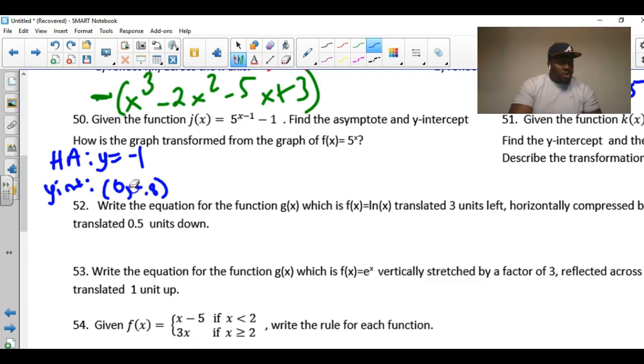And then we need to describe the transformation. Here's the parent function, it's an exponential because the x is an exponent. This says minus 1. So that x minus 1 means we went right 1, and then we went down 1. This negative 1 right here means down 1.